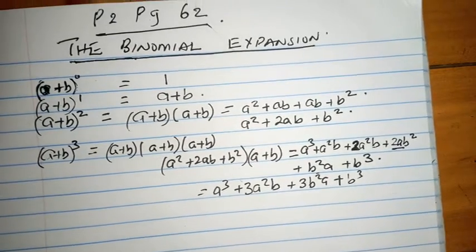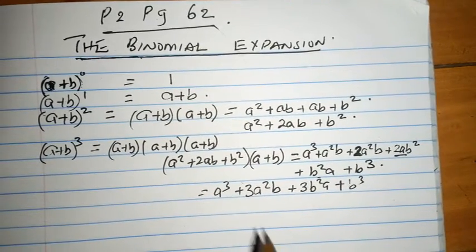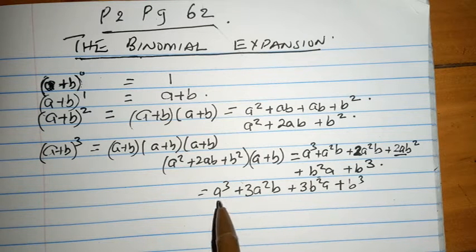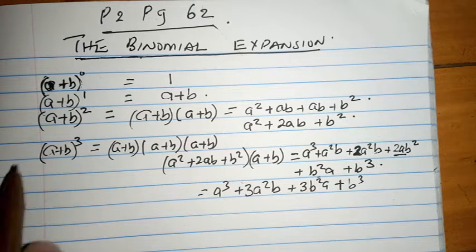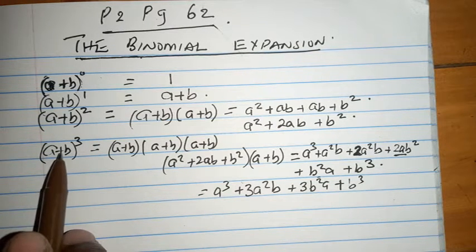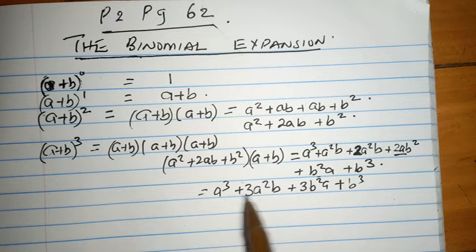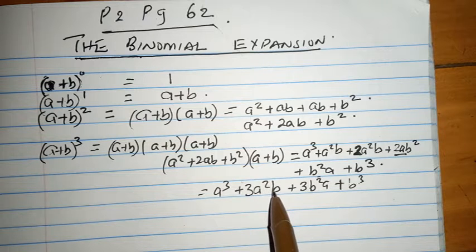I want to look at what is happening here: when we are starting with (a plus b) cubed, the first term is a cubed. The second term is 3a squared b.